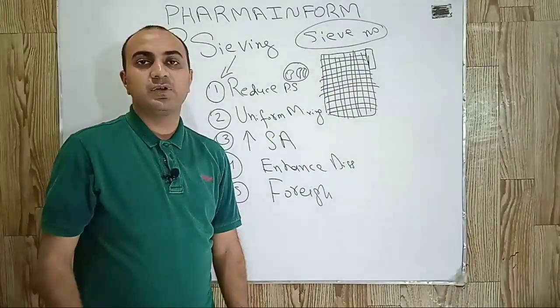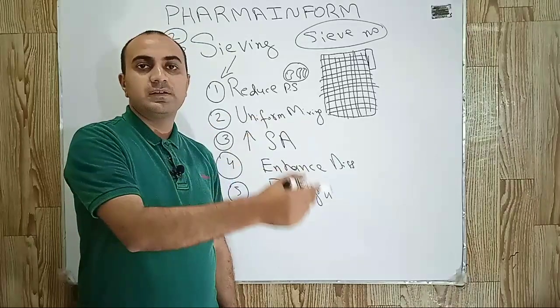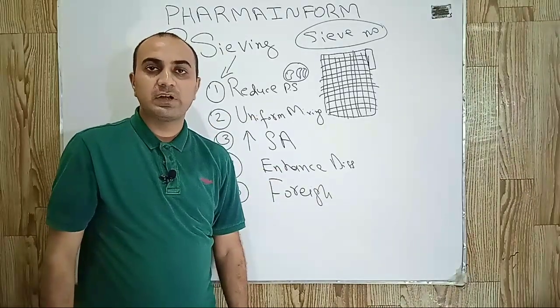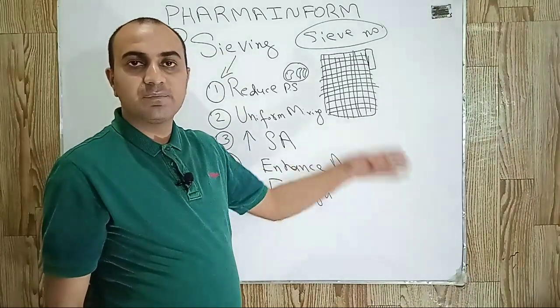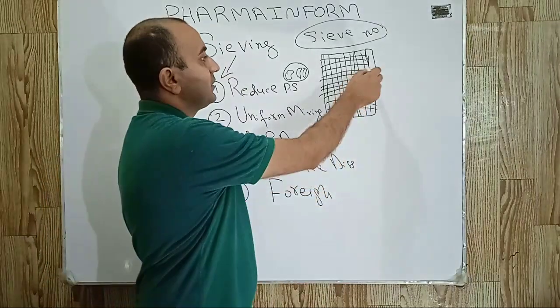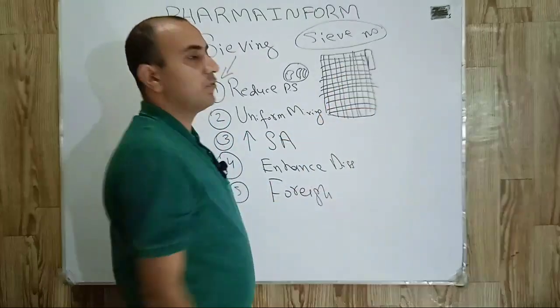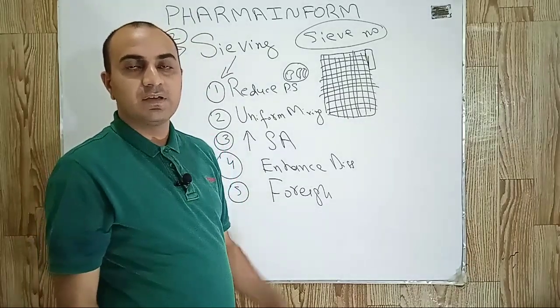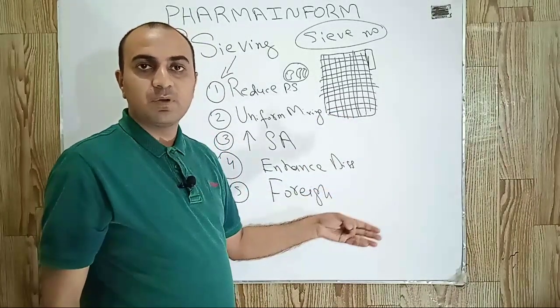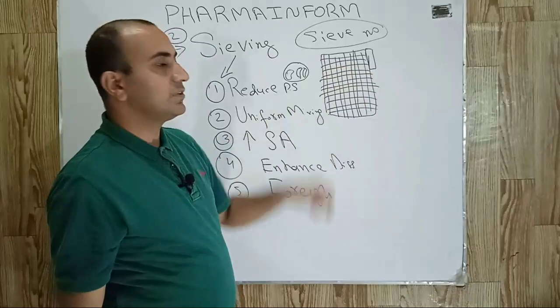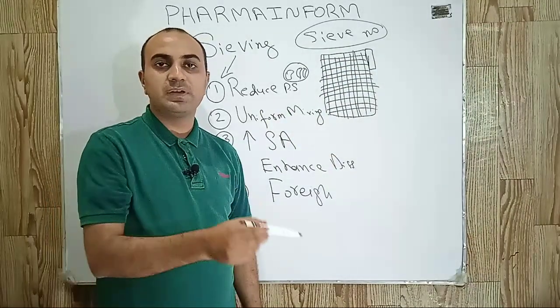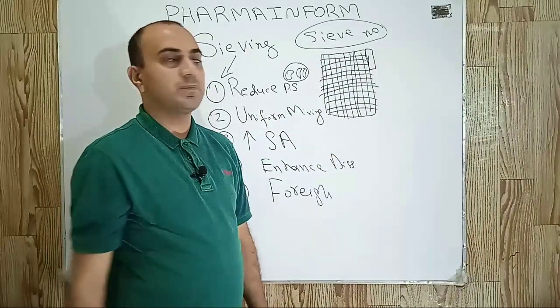Suppose anybody says, kindly sieve the material through a 20 mesh or 20 number sieve, it means that in 1 inch the number of holes will be 20, and if we have a 10 number mesh, the number of holes in 1 inch will be 10, and so on.